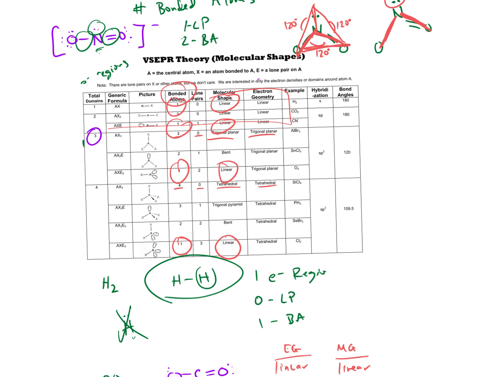Let's take a look at the worksheet. Section 1, you could just look at the electronegativity chart, right? You don't need to memorize those.